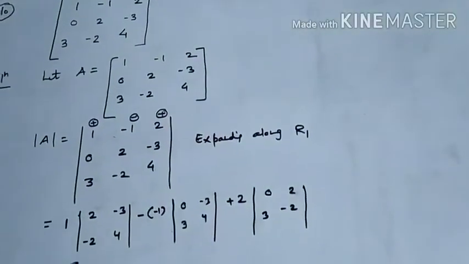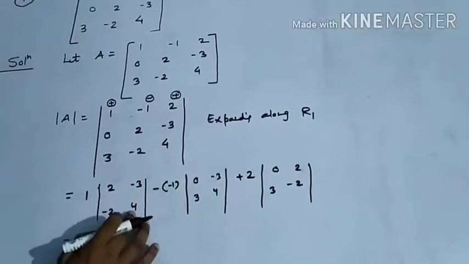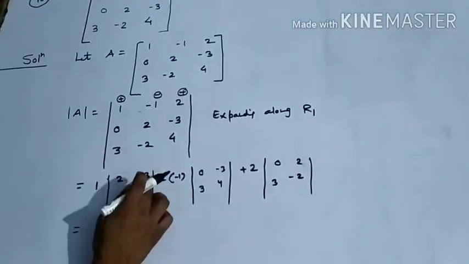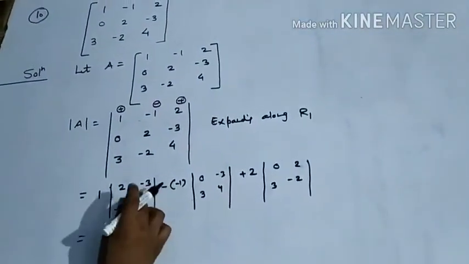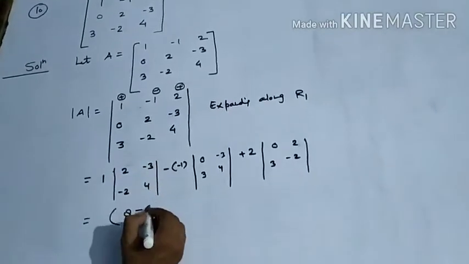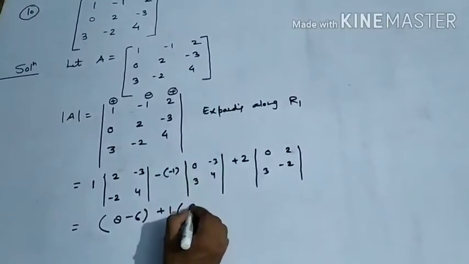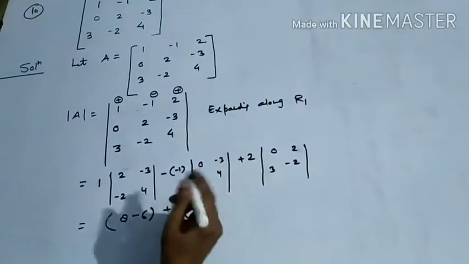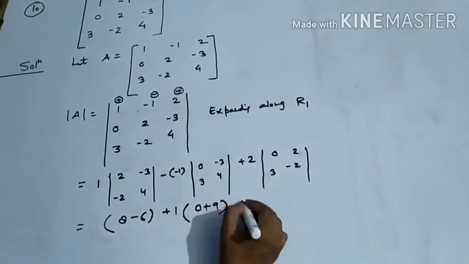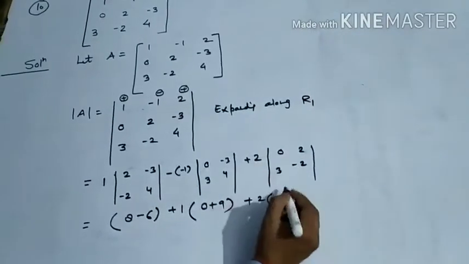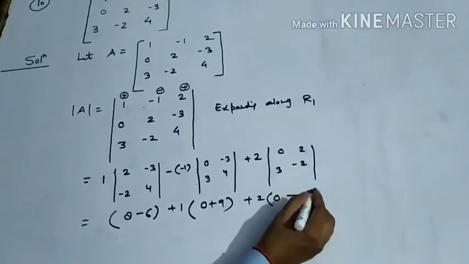This is equal to, applying cross multiplication, 8 plus 6 means minus 6, plus 1, and then 0 and minus 3 into 3 means minus 9, which becomes plus 9, and then 2 into 0 minus 6.